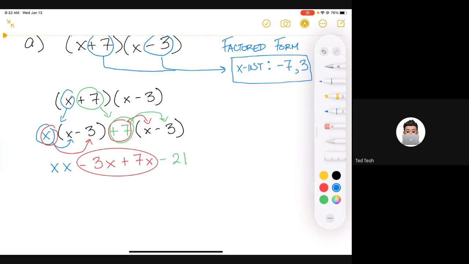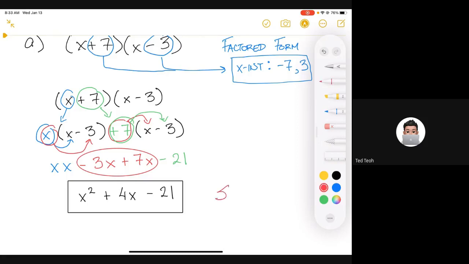In math, we don't write xx, we write x squared. Negative 3 plus 7 is positive 4x. And this negative 21 comes for the ride. So I have changed my equation from factored form to standard form.